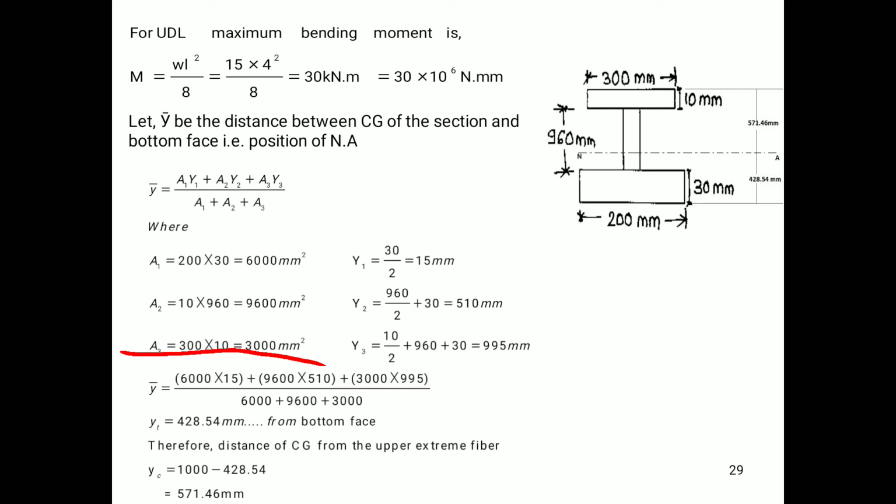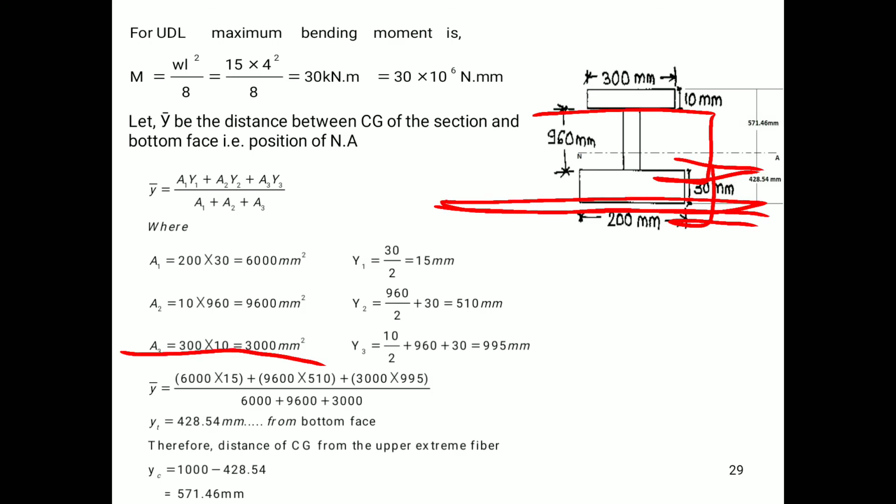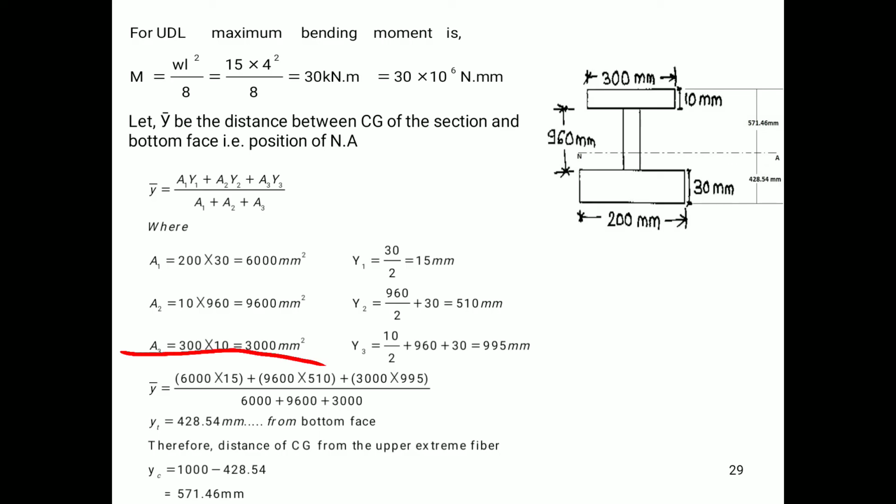For that section, we have y3 equal to 30 plus 960 plus 10 by 2, because it is the centroidal axis of that particular figure from the bottom face. Therefore, we have 10 by 2 plus 960 plus 30, which will give you 995 mm.